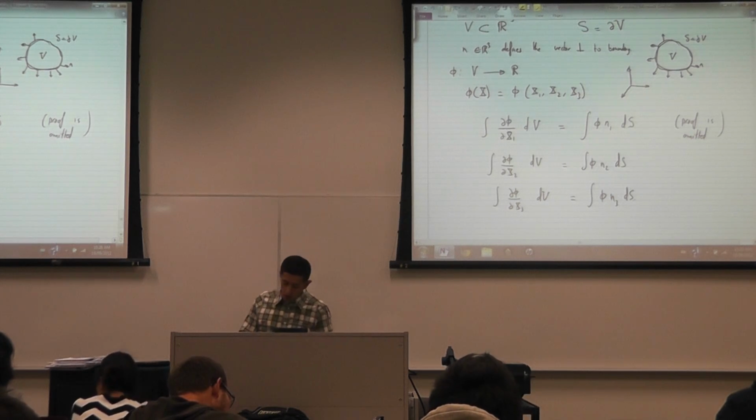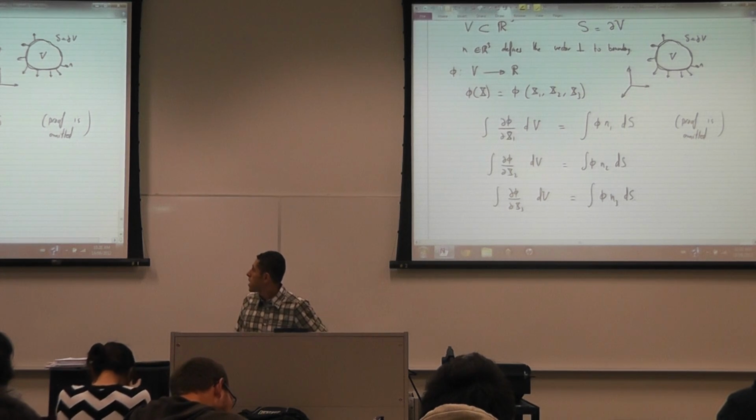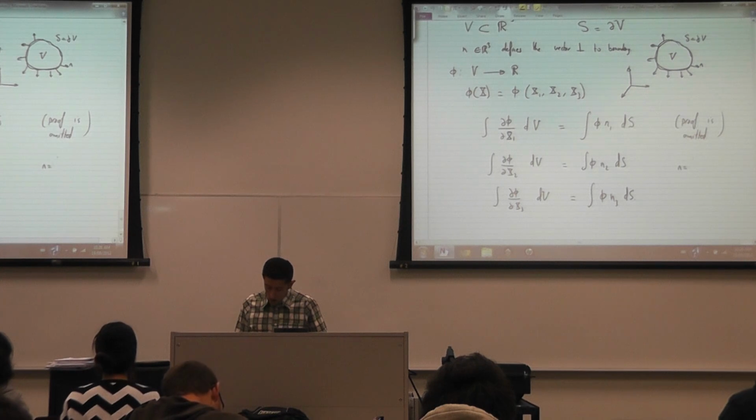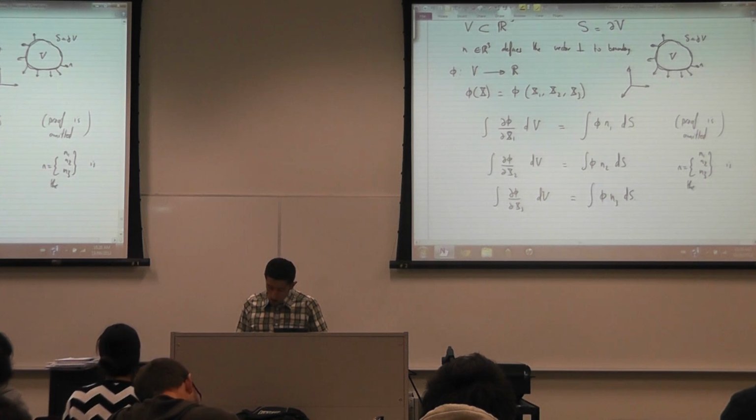Where n1, n2, and n3 are the components in the horizontal direction, vertical direction, and third direction of the unit vector on the boundary. N, which is equal to n1, n2, n3, is the unit vector on the boundary.